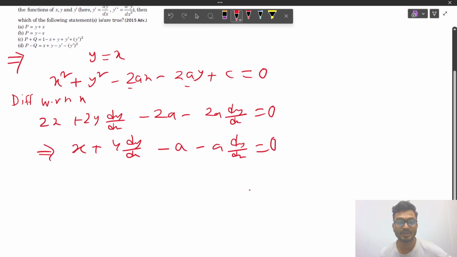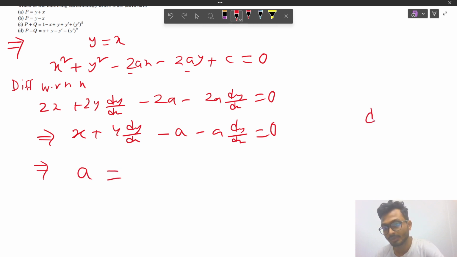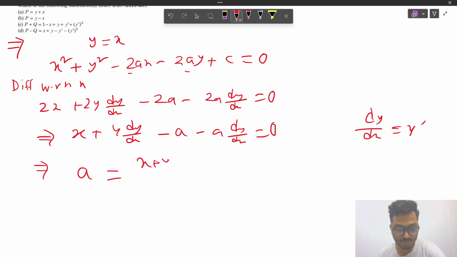We want to find a. We denote this dy dx as y dash, right? So a will be x plus y dash upon 1 plus y dash. This is our a.